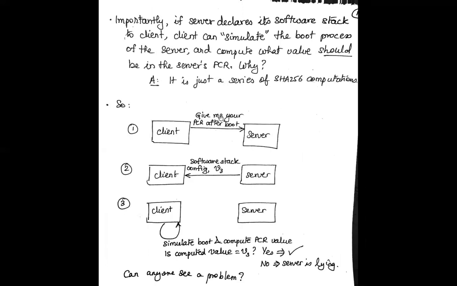So you can imagine an attestation protocol going like this. The client says to the server, hey, give me your PCR after boot. So the server returns back to the client saying, hey, this is the software configuration I'm running. And by the way, the value in the PCR register is v3. What the client does is look at the software configuration and say, okay, you're running this particular software. Well, let me go and get the hashes myself from the original sources.